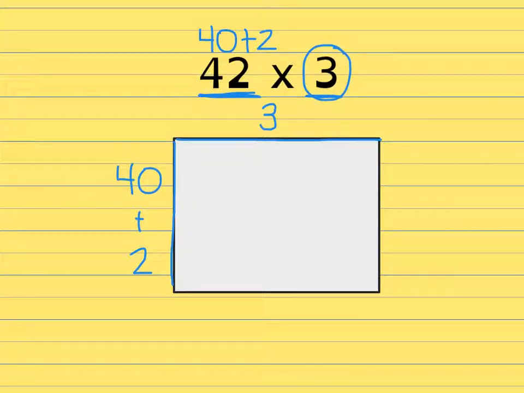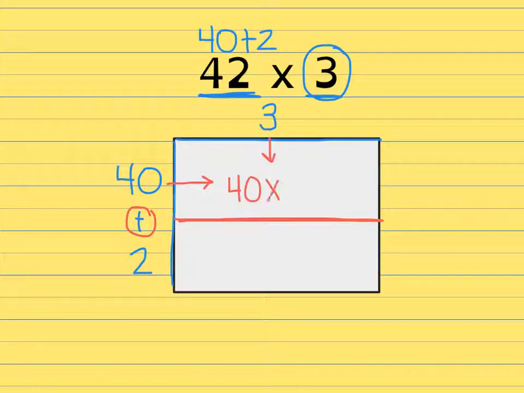Now that I've placed my numbers on my rectangle, I'm ready to multiply. I'm first going to look for my plus sign and draw a line in my rectangle. Then I'm going to look at my first box, 40 times 3.